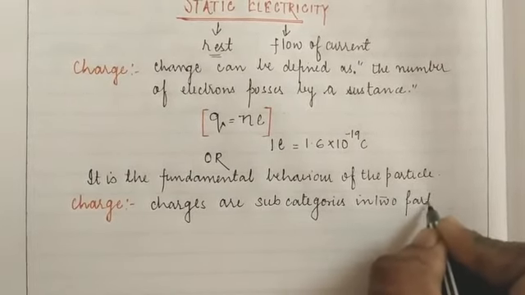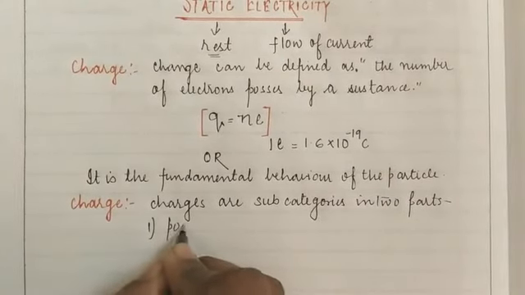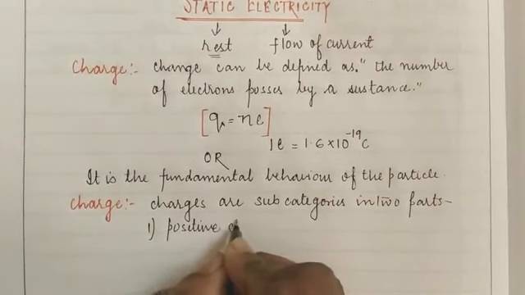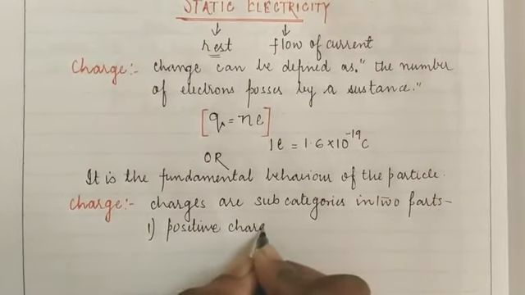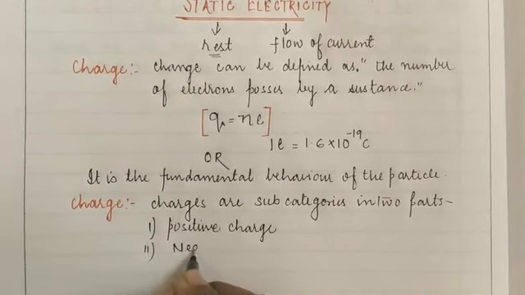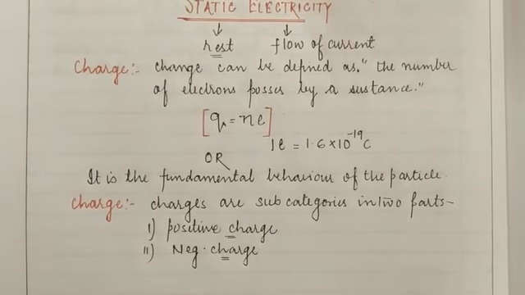What are those? One is positive charge, and the next one is negative charge. Which type of particle do we say is a positive charge, and which kind of particle do we say is a negative charge?